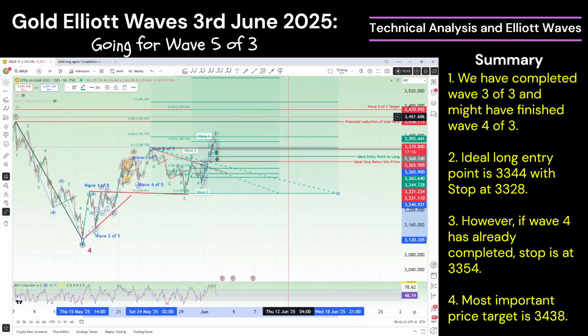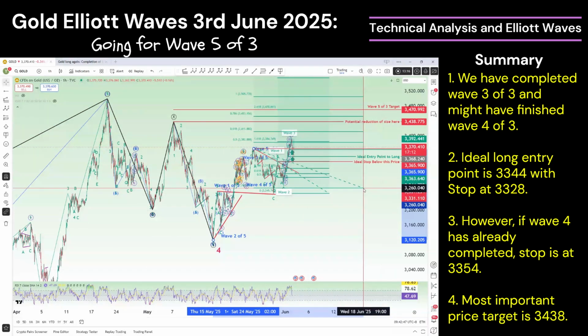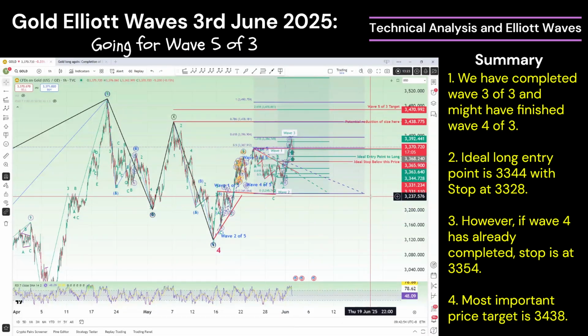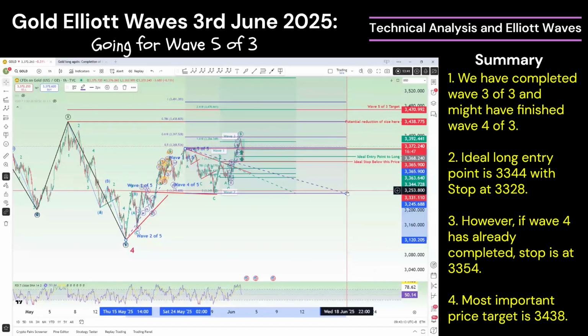The 1:1 is actually here, so our target is potentially even higher, right? Let me just change this color. Because if you reach here, potential reduction here is 0.786. So this is actually a valid point to reduce your position, but it just means that wave 3 itself may not be the longest wave.